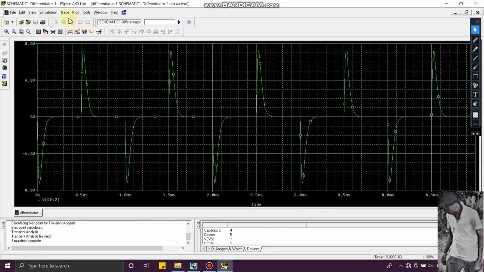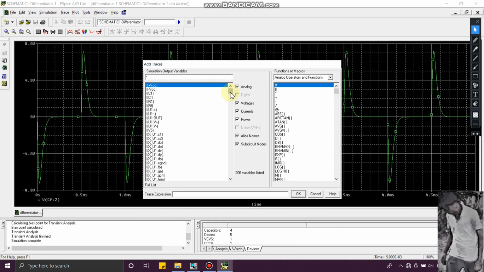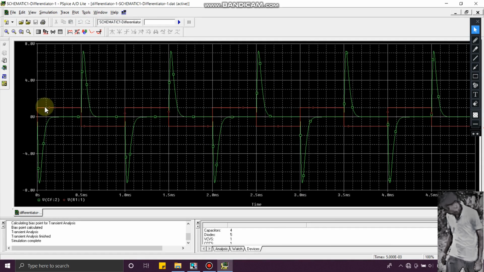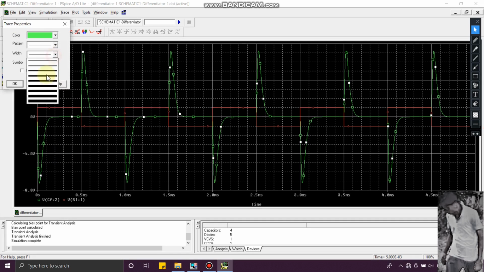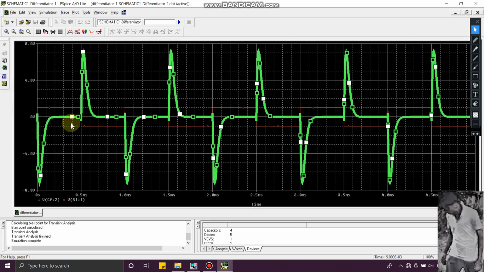This is the output curve. You can see guys, this green one is my spike output.